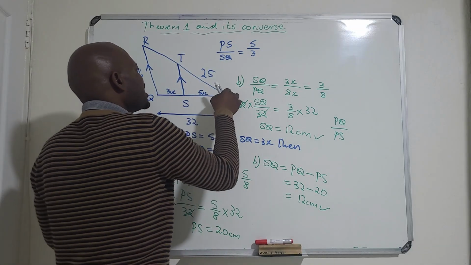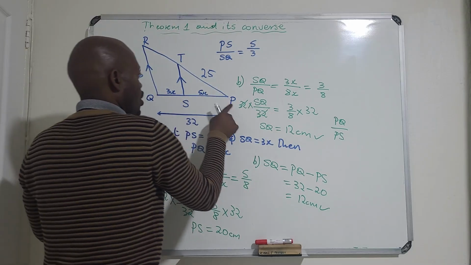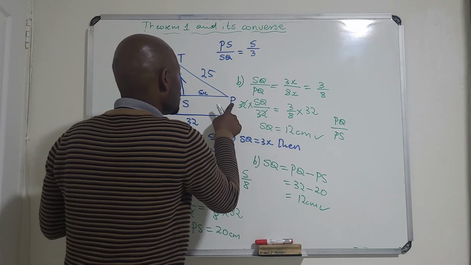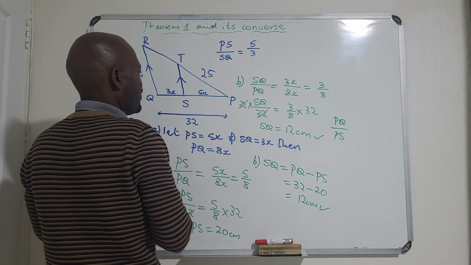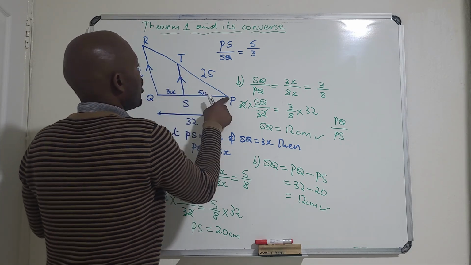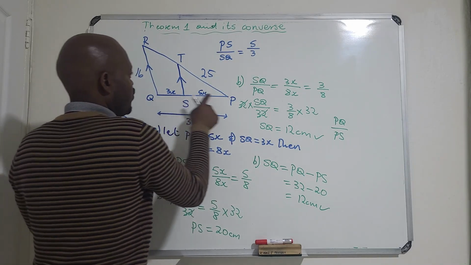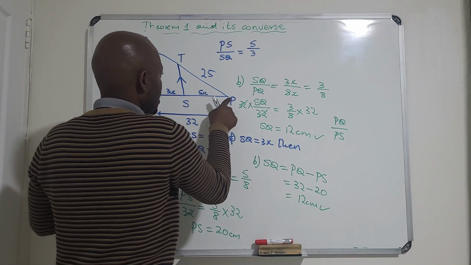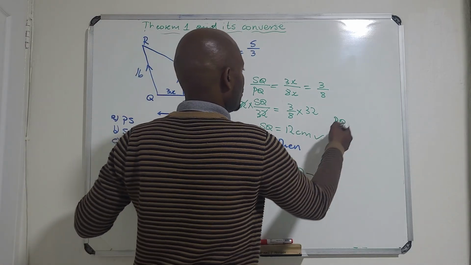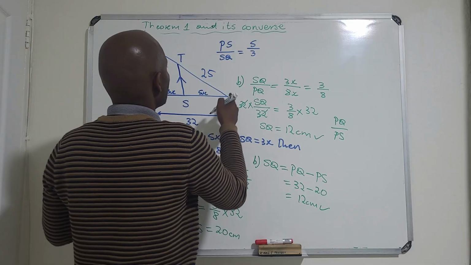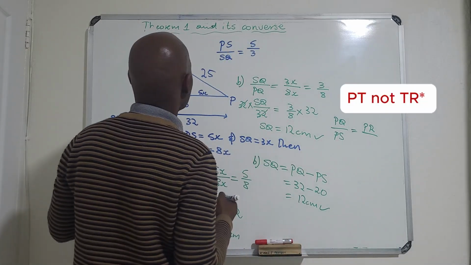Why PS? It is because I'm given PT. So if I say this over that, it is equal to this over that. If I want the whole of this, I can say this over that equals this over that. Therefore, PQ over PS is equal to PR over PT.